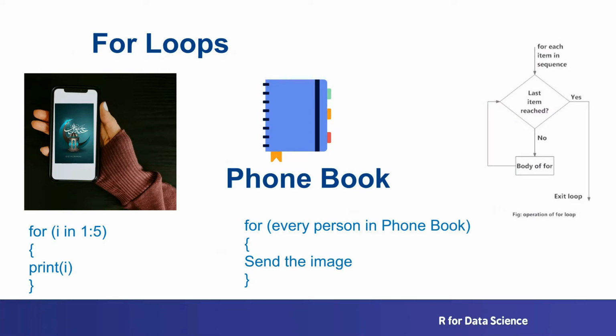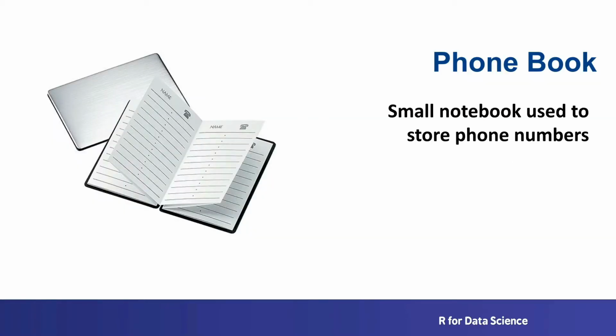Now I'm going to give you an example. Let's say your dad gave you his mobile and told you, I want you to send this image to all the people in my phone book. For people who don't know what a phone book is, it's basically a small notebook that looks like this one.